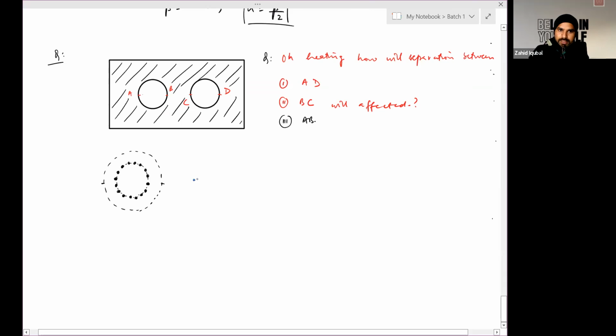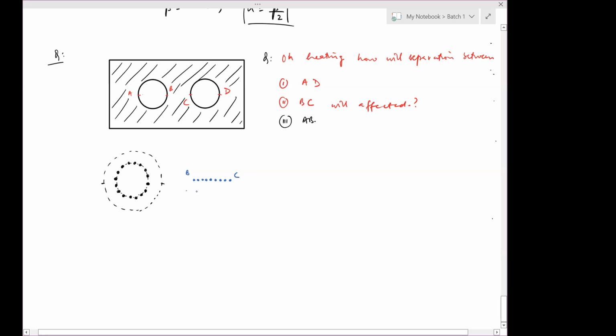Now, just arrange number of particles between B and C. Initially at low temperature, there will be some number of particles arranged linearly in between B and C like this. If you increase the temperature, will the separation between particles for B and C arrangement increase or decrease? Increase.